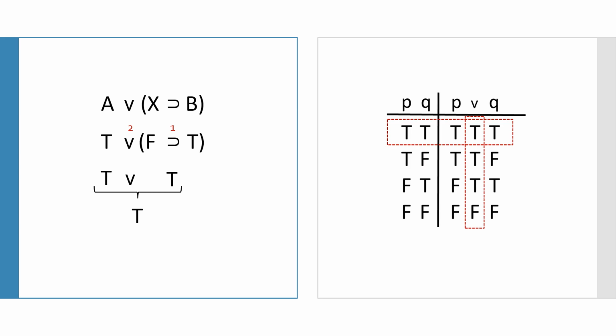And notice we've run through every piece of the puzzle. Every single operator in this entire complex statement has been solved for, and that means we now know the entire truth value of the statement. The statement A or if X and B, assuming the truth values we have plugged in there, that A is true, X is false, and B is true, this must be a true statement.